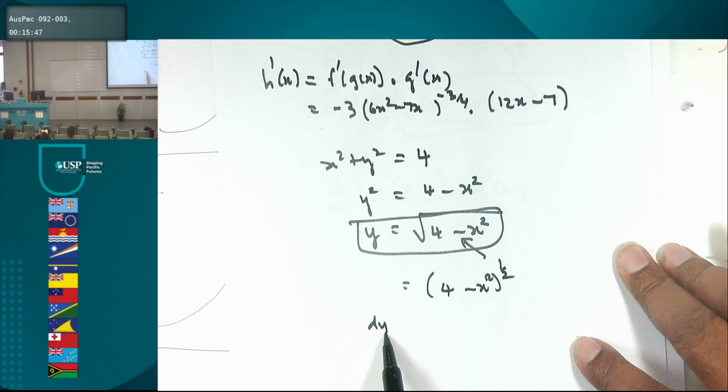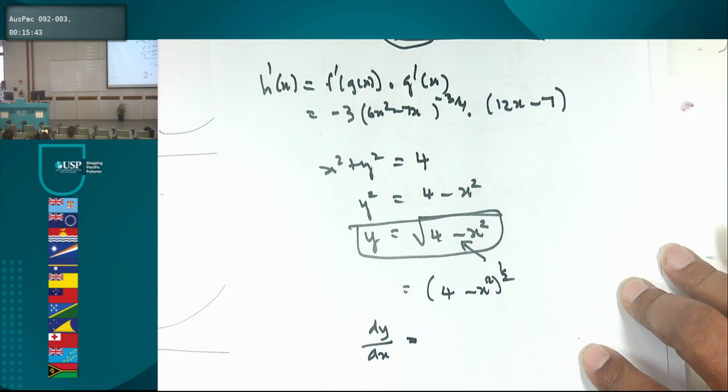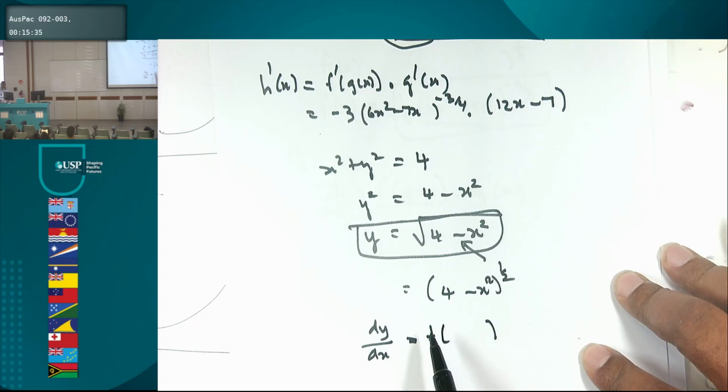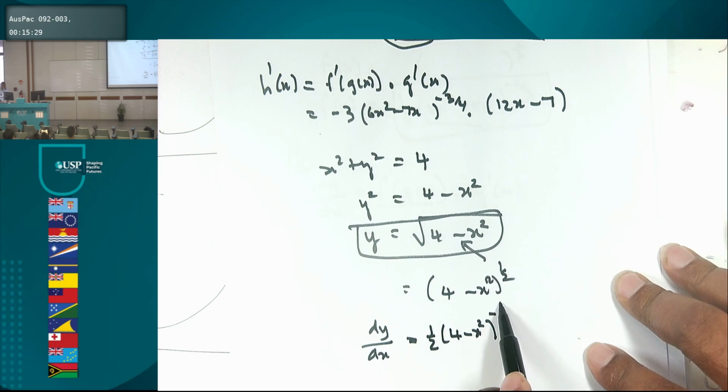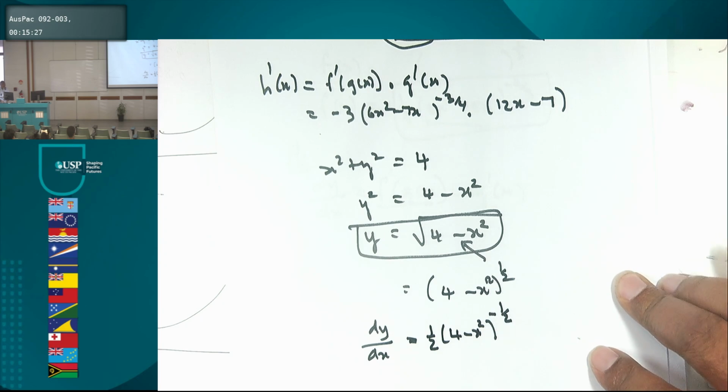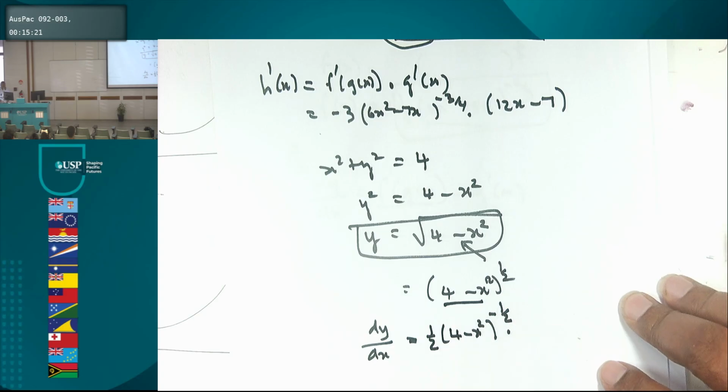So dy over dx, tell me, what should I have? Let's work on our short methods. Half, okay. Keep going. Inner function remains unchanged. What's the new power? Minus half, is that it? No, I'll still multiply by the derivative of the inner. What's the derivative of the inner?